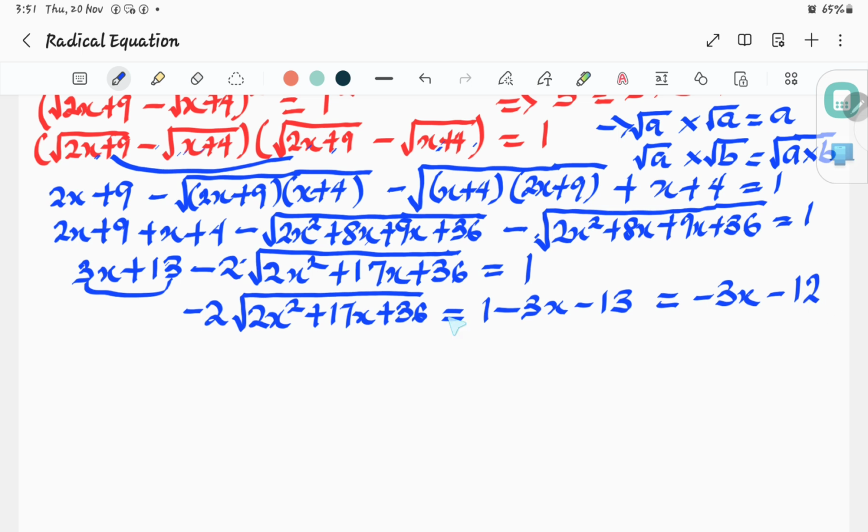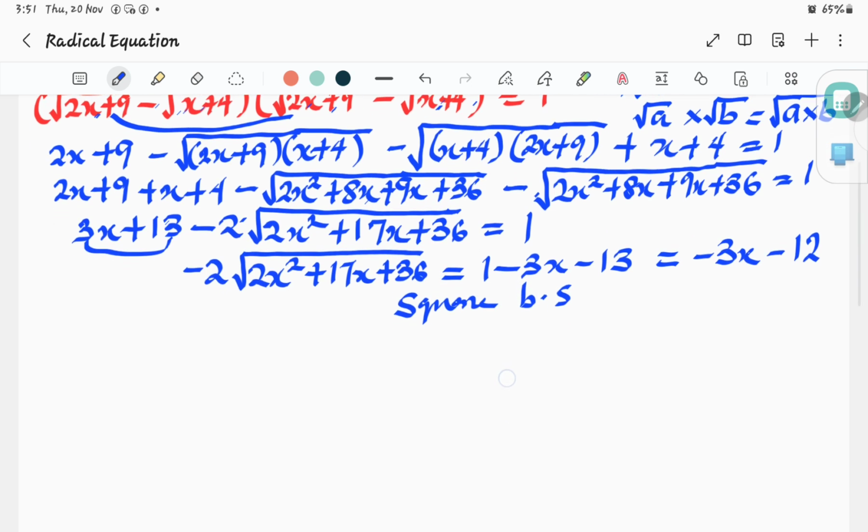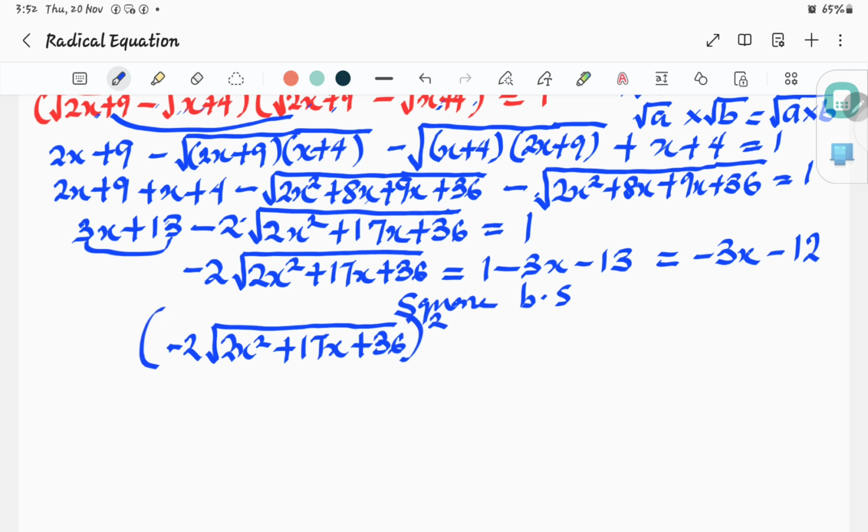So to continue, again, we have to square both sides. So if we square both sides, it means we have negative 2 times the square root of 2x squared plus 17x plus 36, all squared, equals negative 3x minus 12, all squared.